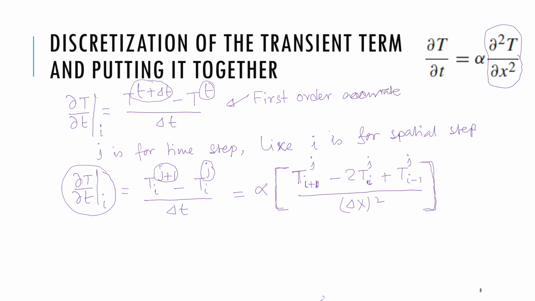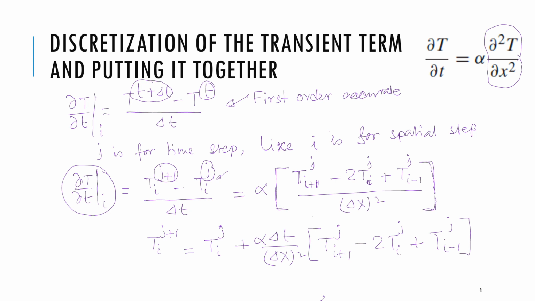Now let's try to simplify this. I can write T_i at j+1 is equal to T_i at j, that's taking the second term here on the other side, plus alpha Δt over Δx squared times (T_{i+1} at j − 2T_i at j + T_{i−1} at j).